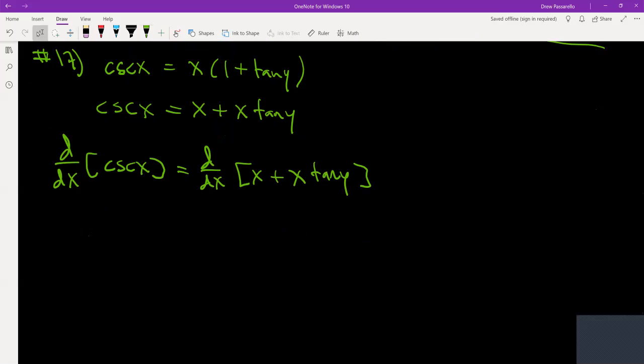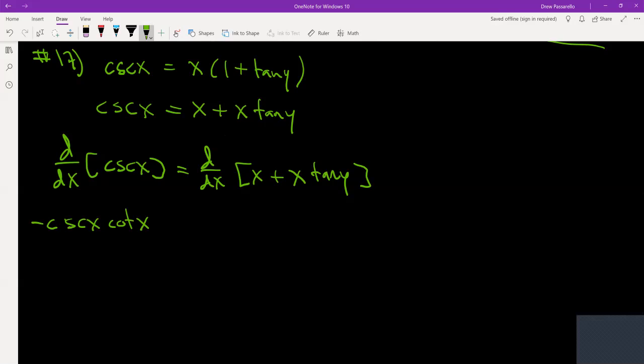The derivative of cosecant is negative cosecant cotangent, from the different trig derivatives we already learned. So this would be negative cosecant cotangent.